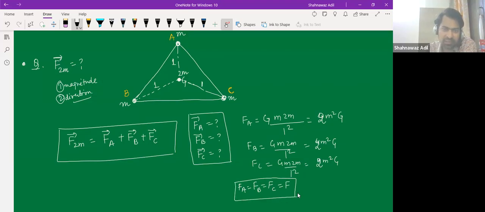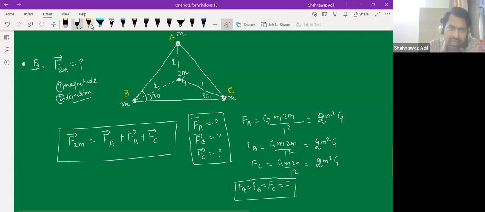Clear, guys? Okay, now you will have to remember the resolution of vectors. So we have 3 forces, right? Let's say this total angle is 60, so this would be 30, and this is 30.